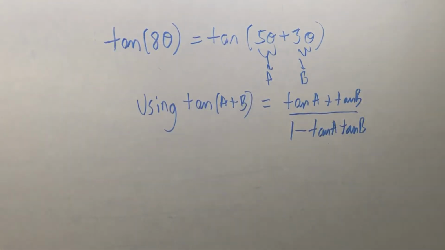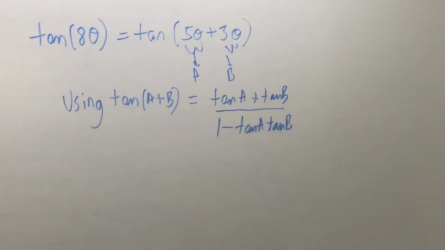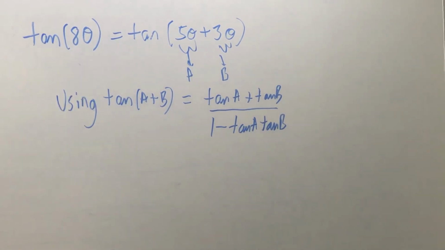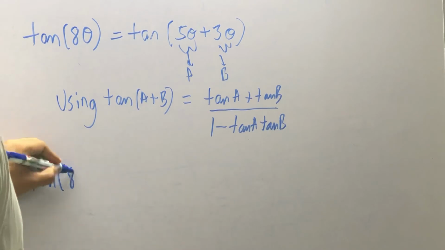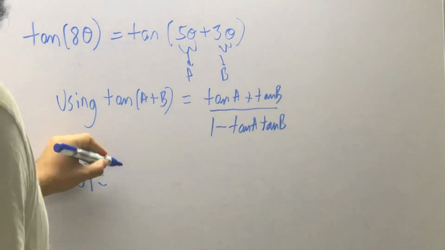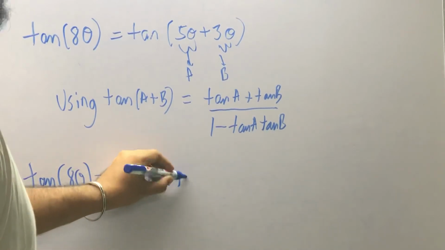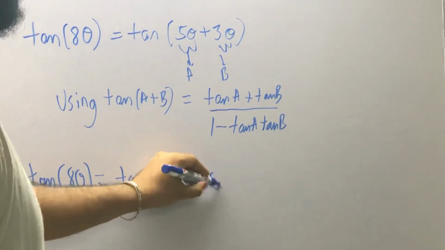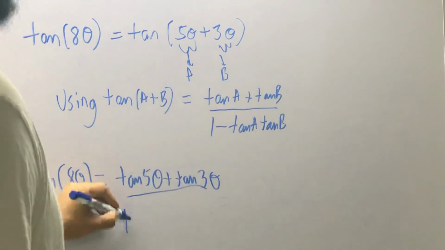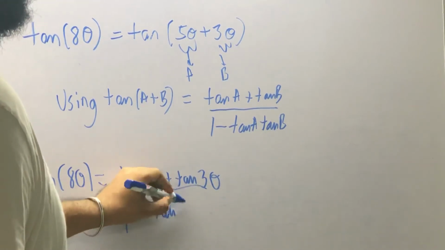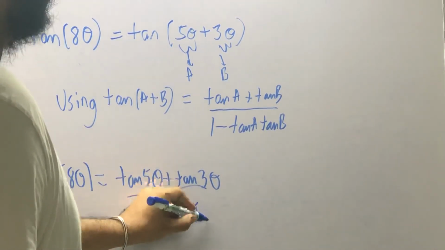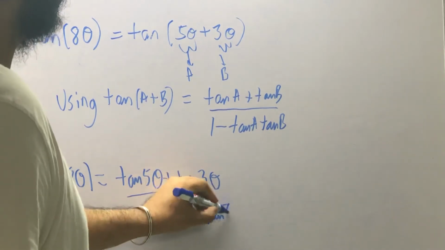Tan A plus B upon 1 minus tan A tan B. This is the identity. So just putting the values in the identity, tan 8 theta will be equal to tan 5 theta plus tan 3 theta upon 1 minus tan 5 theta into tan 3 theta.